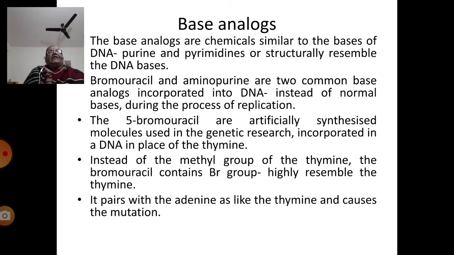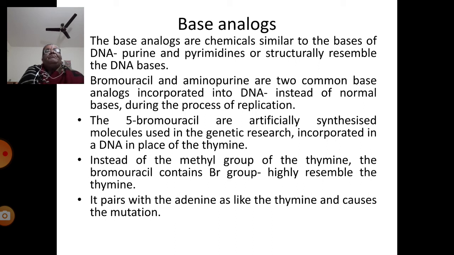Base analogues. The chemicals which have analogous structures to the bases are called base analogues. So they are similar to the bases of DNA, that is purines and pyrimidines, or structurally resemble the DNA bases.